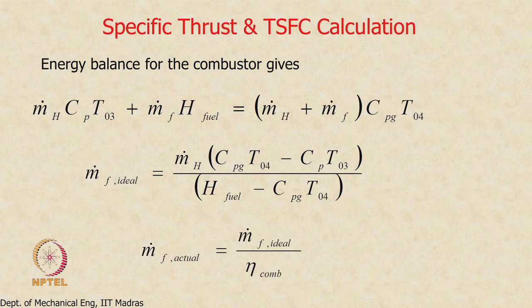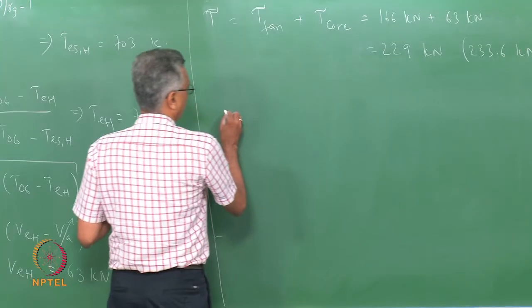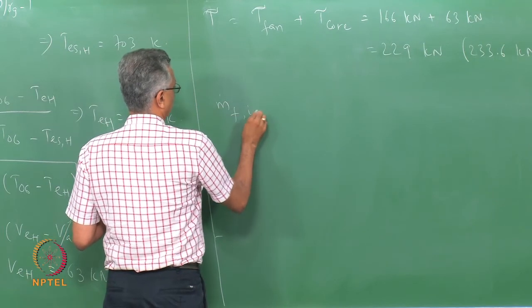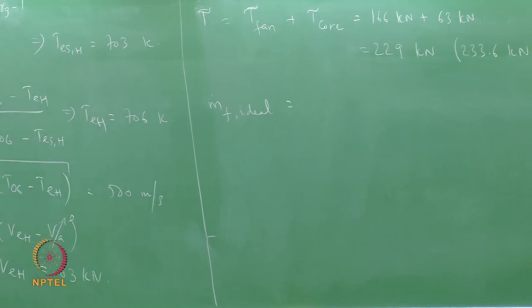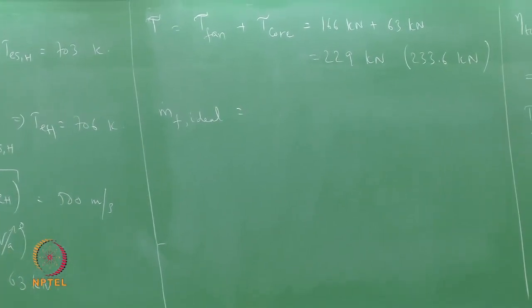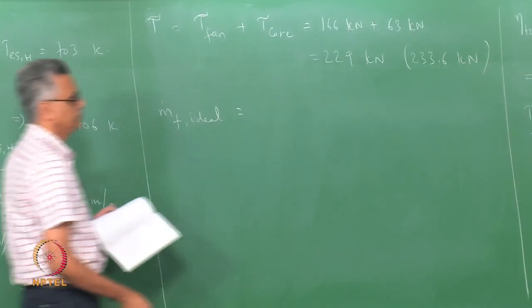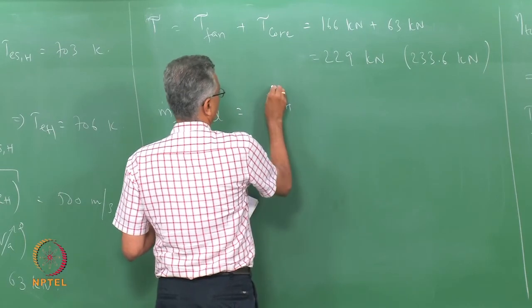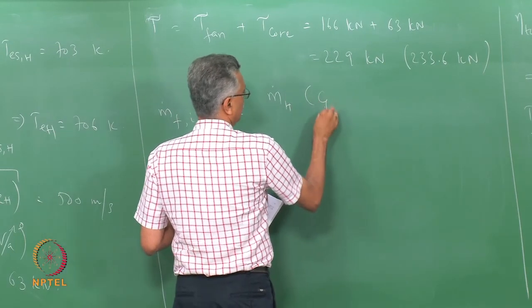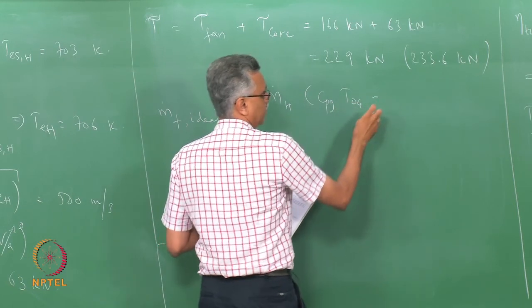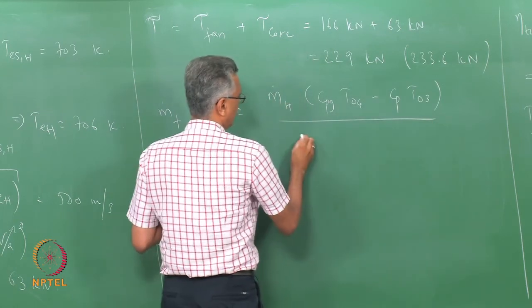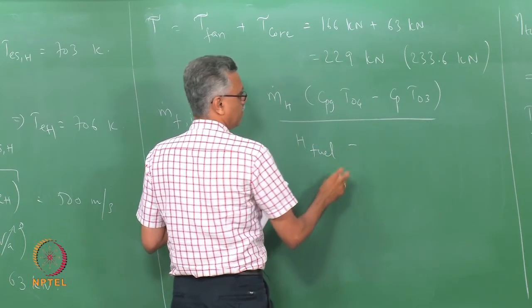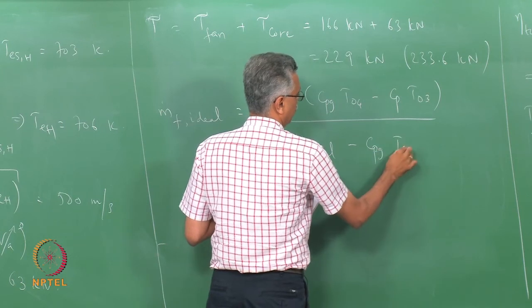This was the mass flow rate for fuel: m f dot ideal is equal to m h dot times (CPG T04 minus Cp times T03) divided by (H fuel minus CPG times T04).